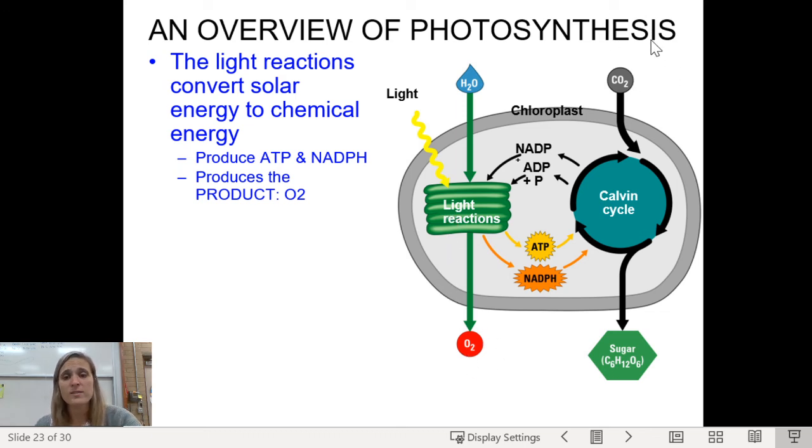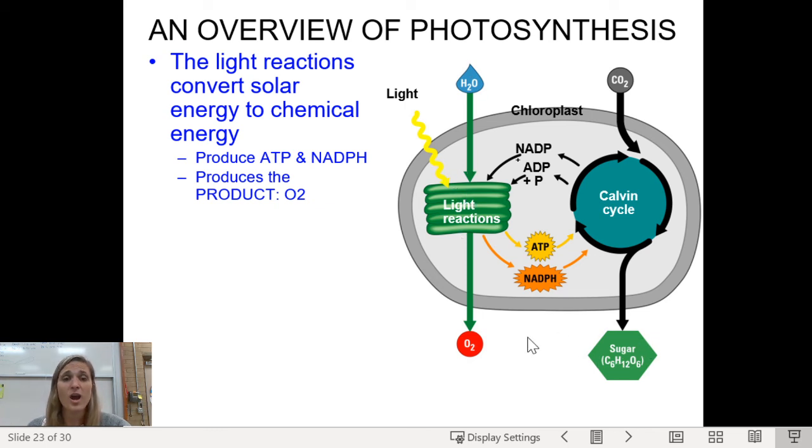On the Calvin cycle side, that's where the plant takes in the CO2, changes it using ATP and NADPH from the light reactions, and changes that then into sugar. Okay, so the reactants at the top, water and carbon dioxide, that's what you start with. Light drives the reaction on this side.